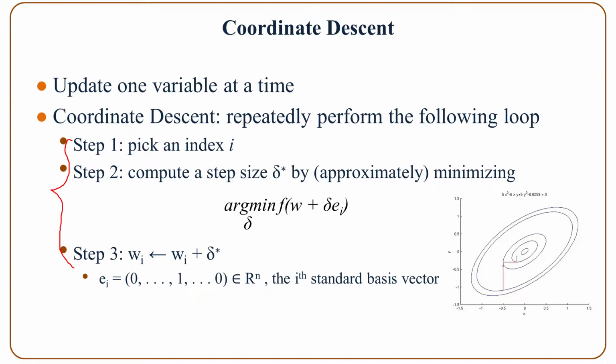First, we pick an index i, meaning here we select which variable to pick for update, and then compute a step size delta by minimizing a function f of w plus delta times e_i, and e_i here is actually the ith standard basis vector.